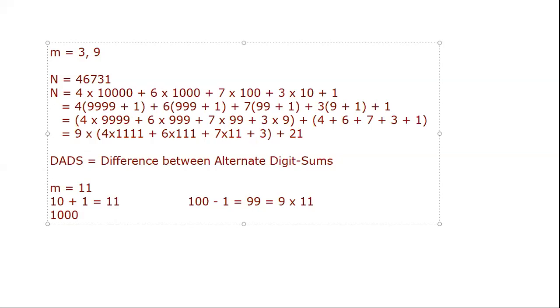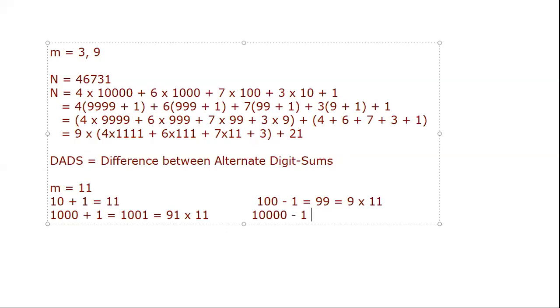Now let's take this number, which is nothing but 11 times 91, again divisible by 11, whereas this next one, 10,000 minus 1, is 9999, which is clearly 909 times 11.